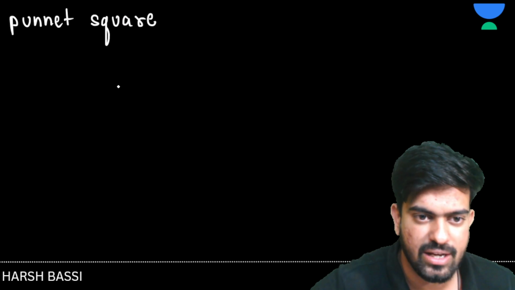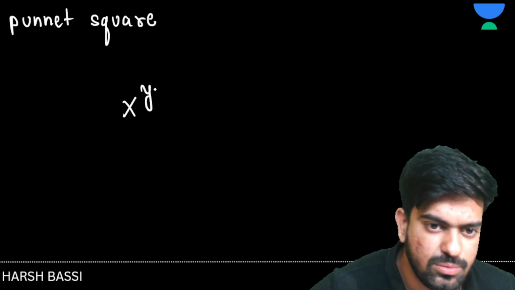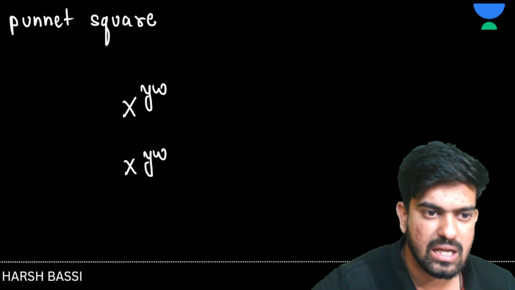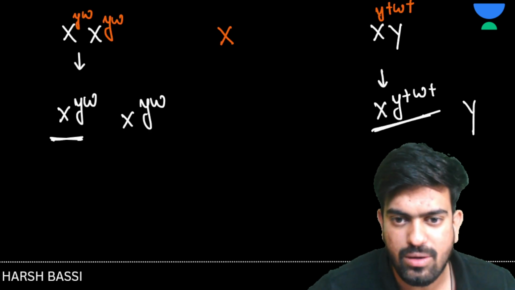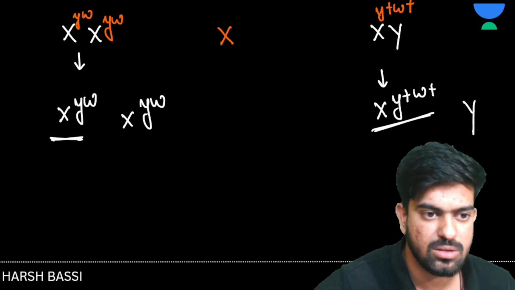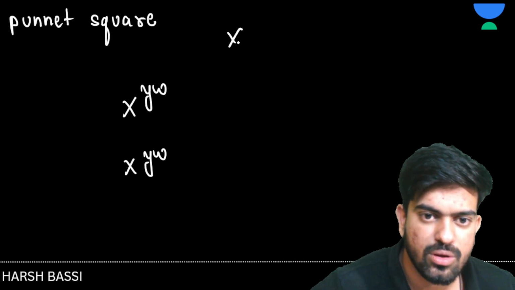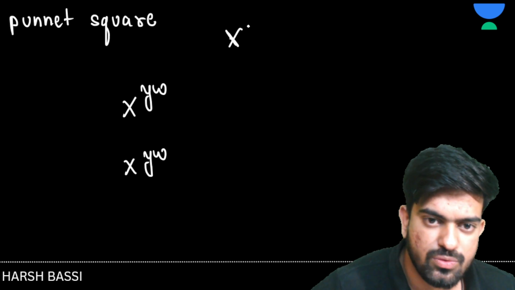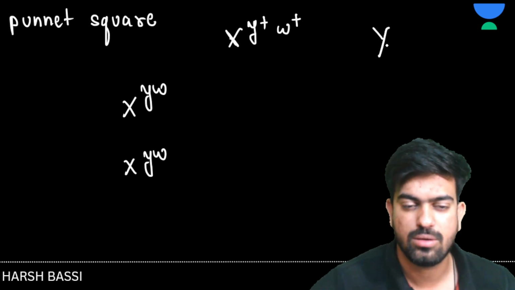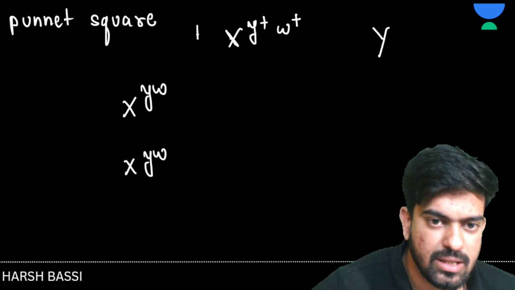So let's write XYW, XYW. And in males we are getting one type of gamete, which is X Y plus W plus, and we are also getting Y. Okay. Now let's make the Punnett square here.